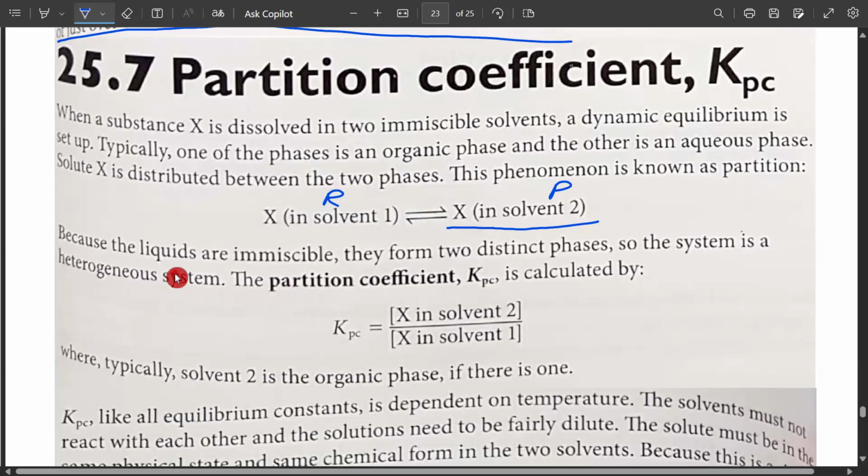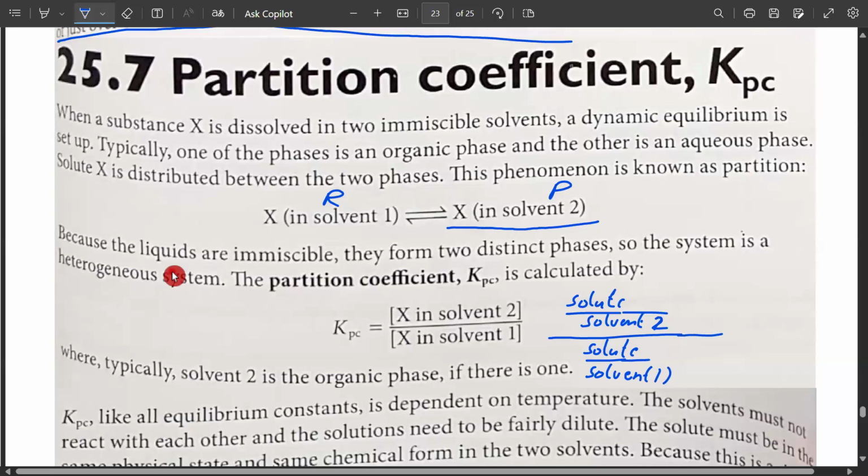These concentrations are basically the concentration of the solute in solvent. There are just two things here: the solute dissolved in solvent 2 divided by solute dissolved in solvent 1. That's what it means here.